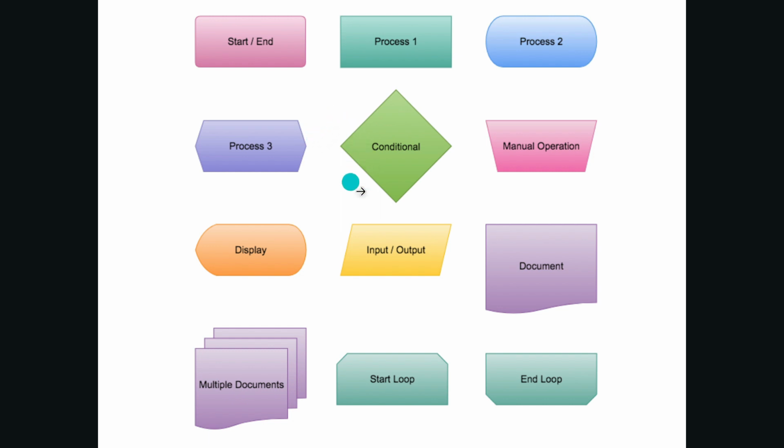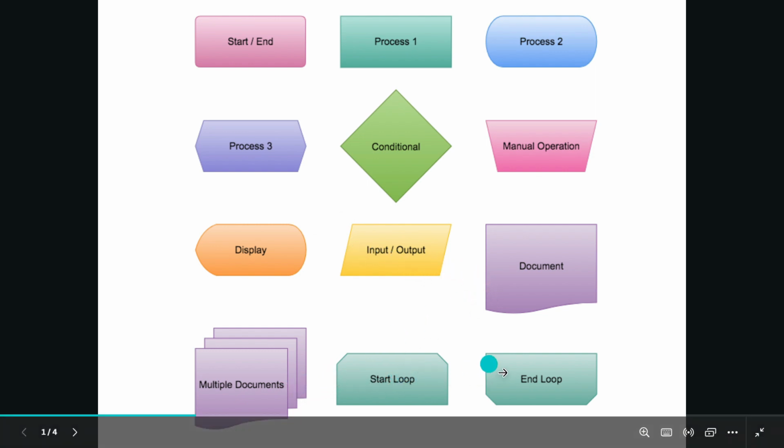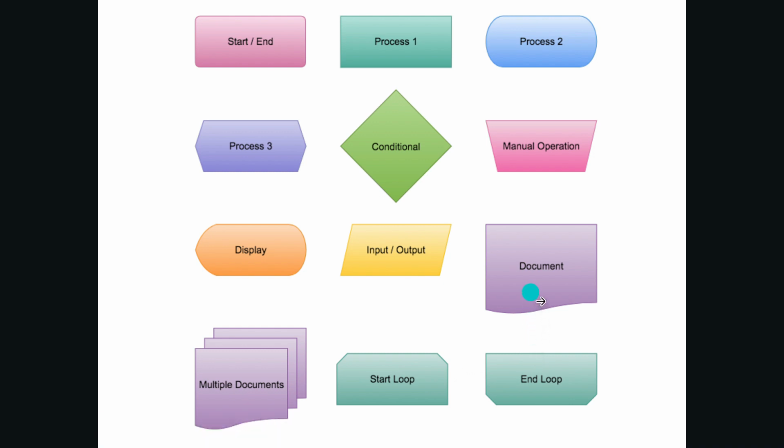And then we have these shapes. The shapes are used to mark the conditional, manual operation, display, input or output, document, multiple documents, start loop, and end loop. And also, it's important to remember there is the flow arrow.